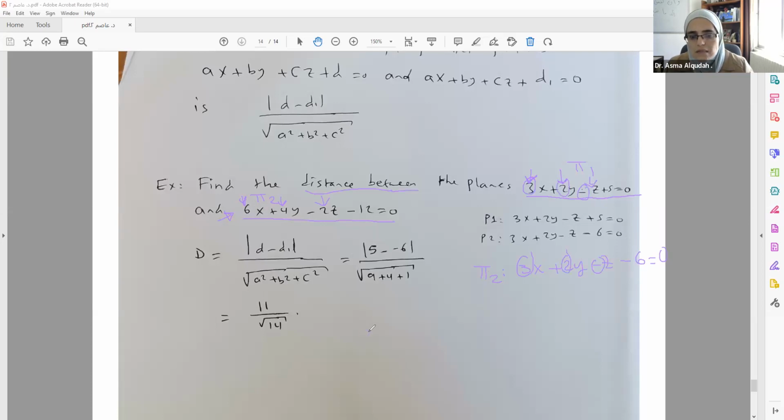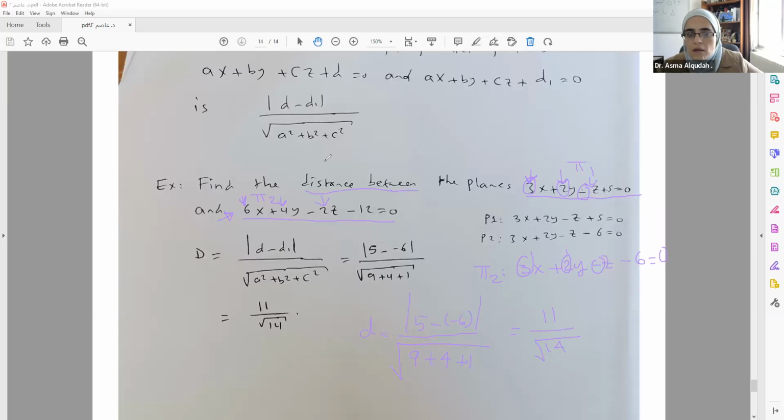The equation says that d is equal to the difference between the constant terms in the two equations, which is 5 minus 6, divided by the magnitude of the normal vector, which is the square root of 9 plus 4 plus 1. This is equal to 11 divided by the square root of 14.